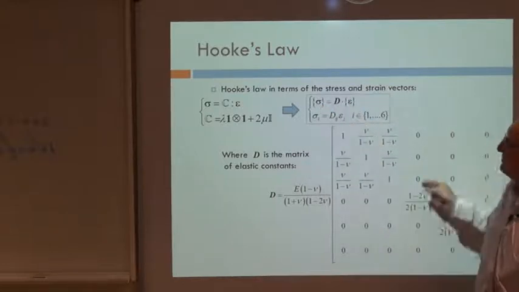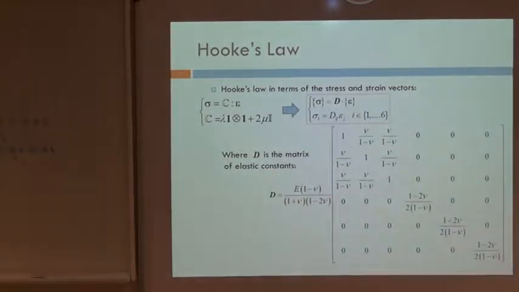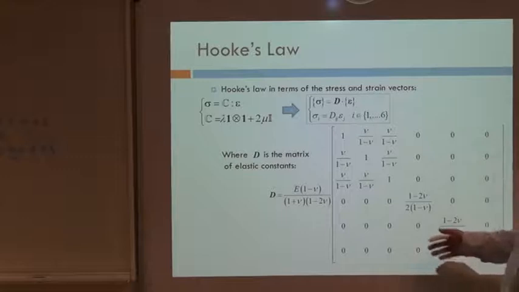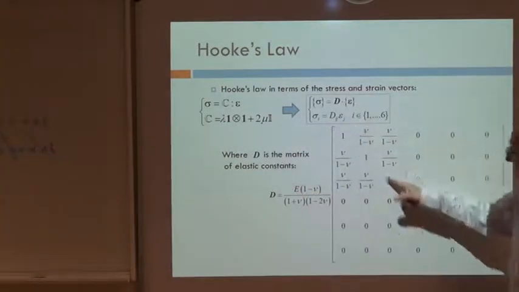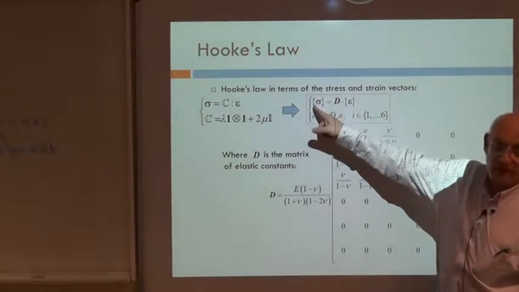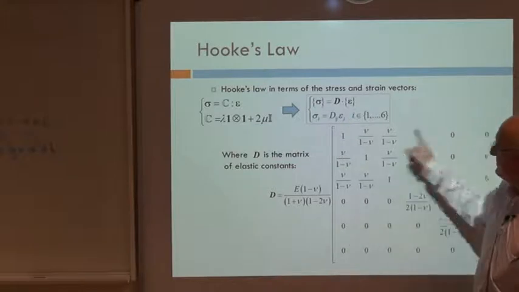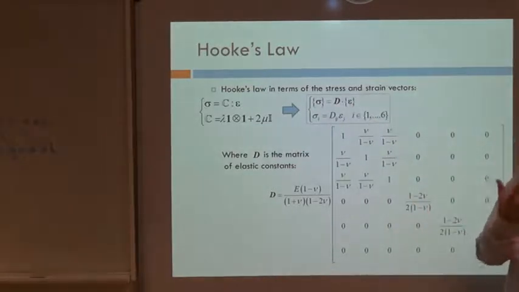That matrix is what is called the elastic constants matrix, which can be computed that way in terms of the Young modulus and the Poisson ratio. Look that this matrix is also symmetric. It's a 6 times 6, because this is a vector, 6 times 1, this is a matrix, 6 times 6, and this is a vector, 6 times 1.